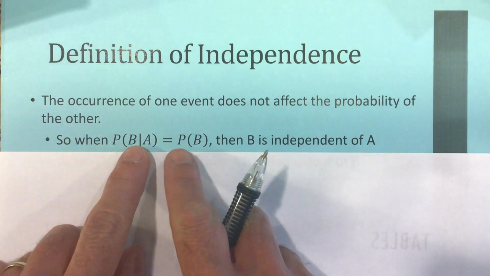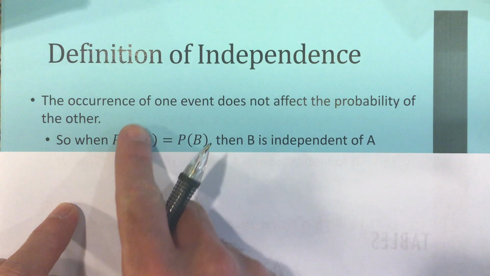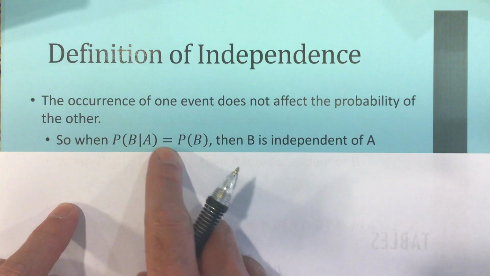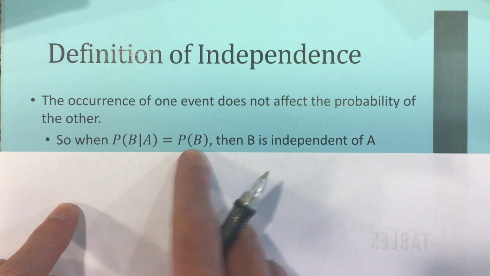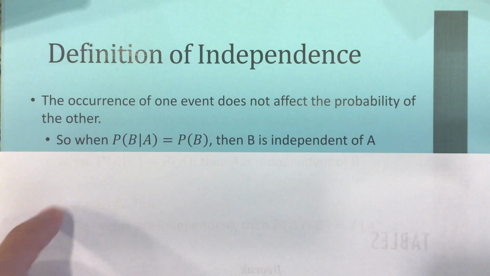So, using our new notation, if the probability of B given A is equal to the probability of B, then A had no impact on B, right? A occurred, it didn't make a difference. B still has the same chance of occurring. So you could then say that B is independent of A, right? Because A had no impact on B's chances of occurring, okay?